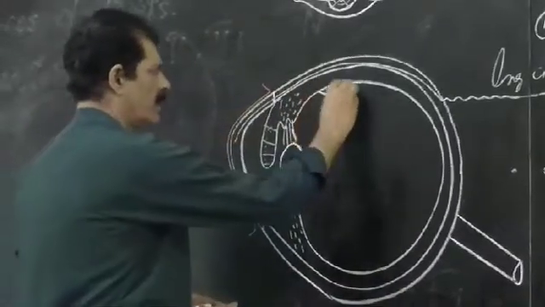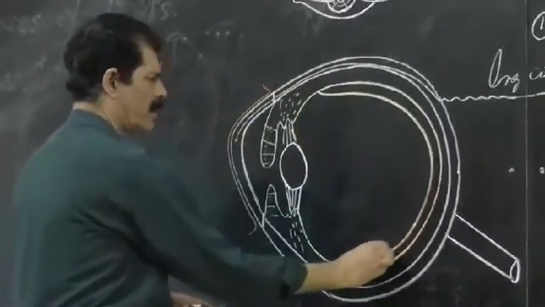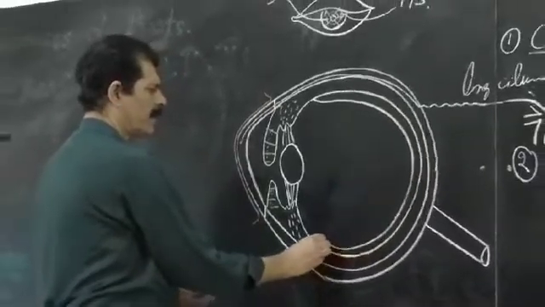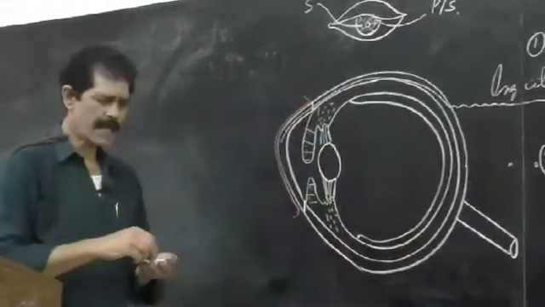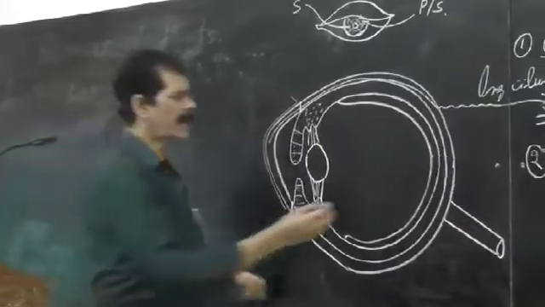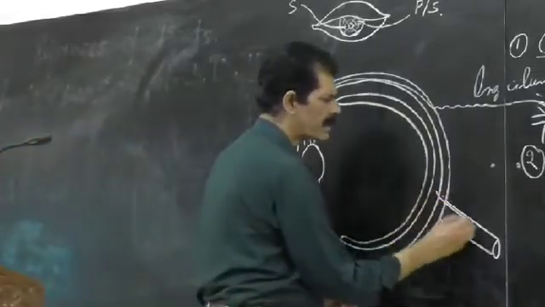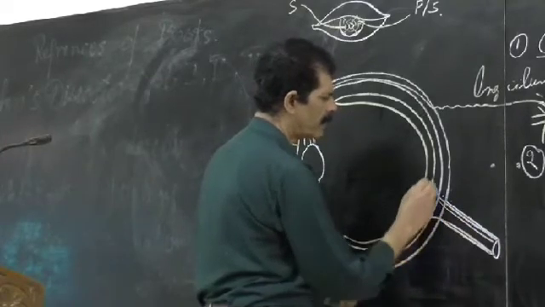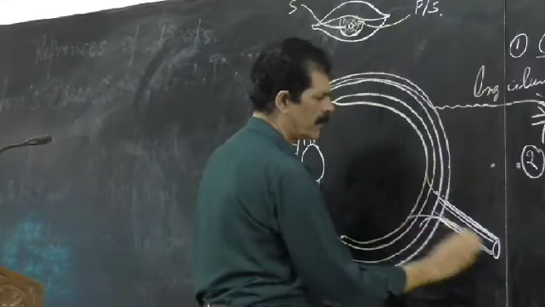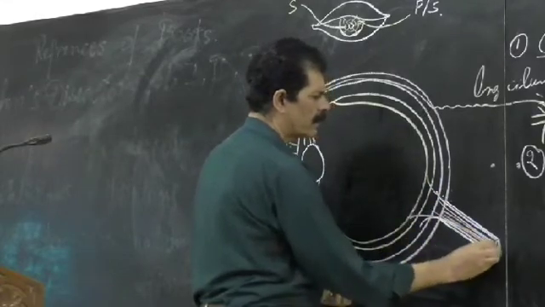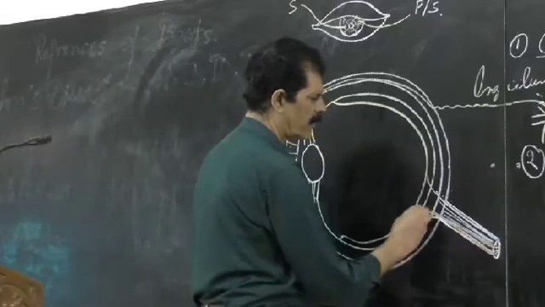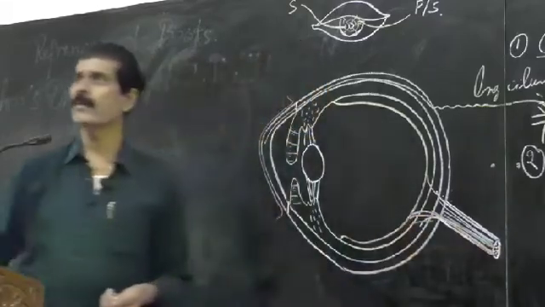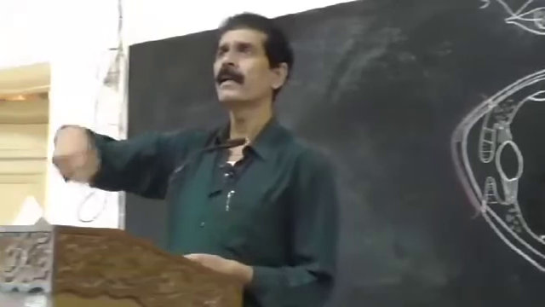The innermost layer is the retina. Rods and cones are the gray matter, and the white matter of the whole retina leaves the eyeball and forms the second cranial nerve, which is called the optic nerve. The optic nerve contains about a million axons if you count them, and they all come from the rods and cones of the big screen of the eye, that is the retina.